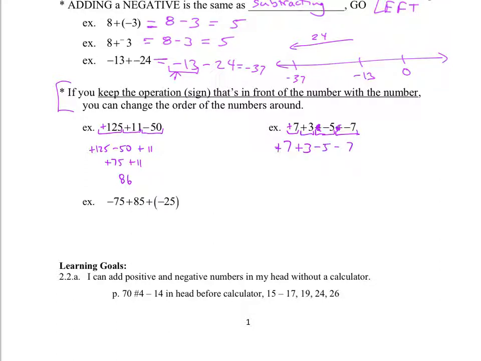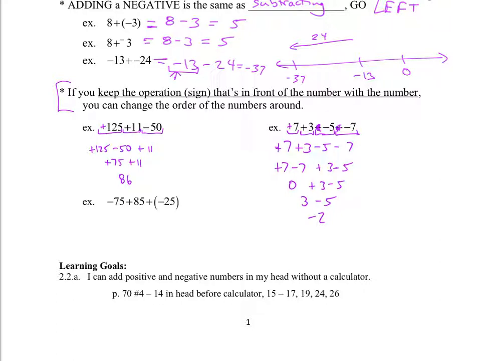The book thinks, and some of you might think as well, that a positive 7 minus 7 plus 3 minus 5, and I just reordered those, you can get 0 plus 3 minus 5, and then you would have 3 minus 5 when we get our negative 2. You do not have to do it the way the book says it in that case. If you want to do it the order that it's written on the page, that is totally up to you.